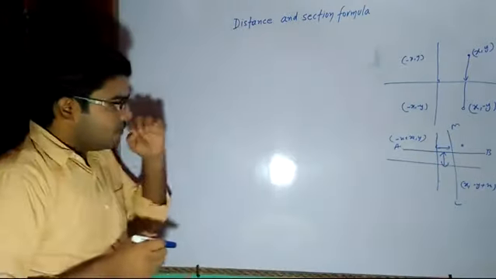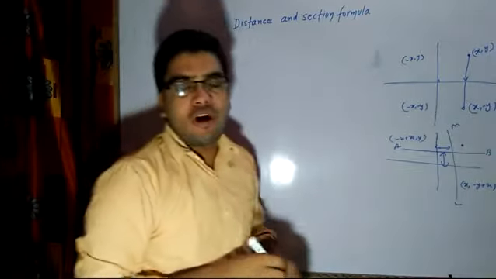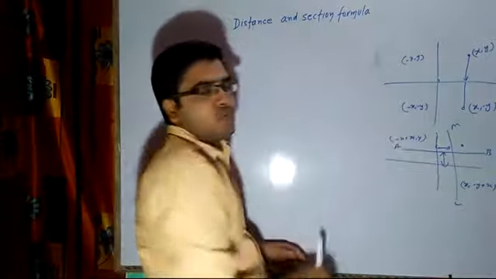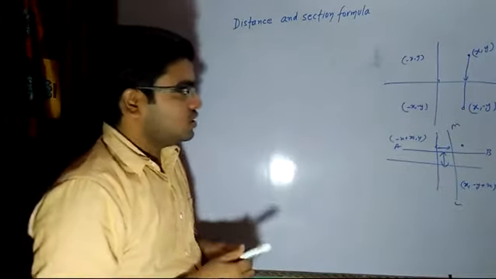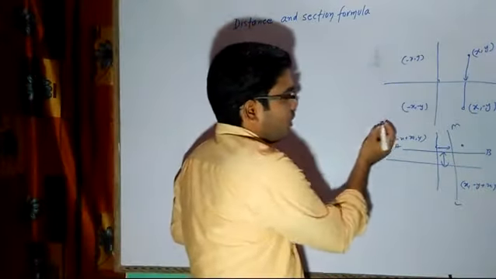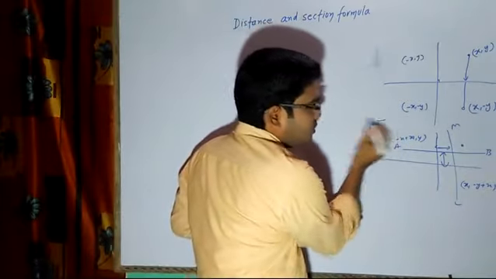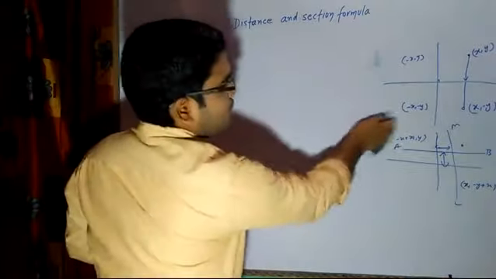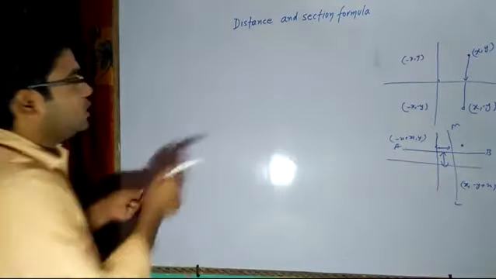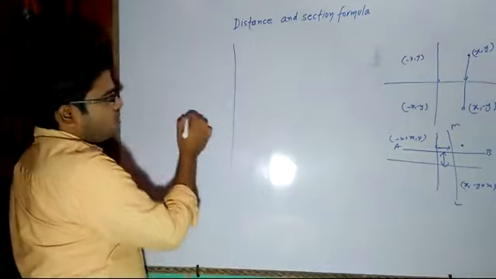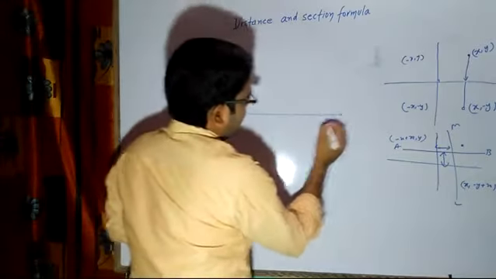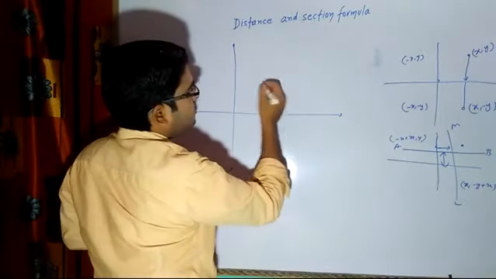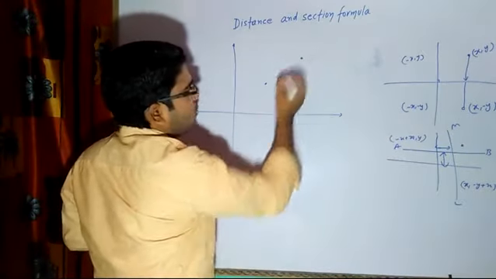Now we have to see the distance between 2 points. Here we have only seen one point being reflected. Now the question is: if I have 2 points, what will be the distance between them? To learn this, let us draw one xy plane with two different points. Suppose I have one point here and another point here.